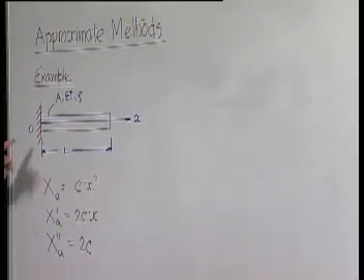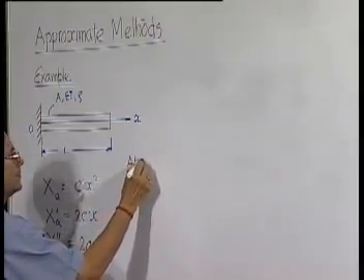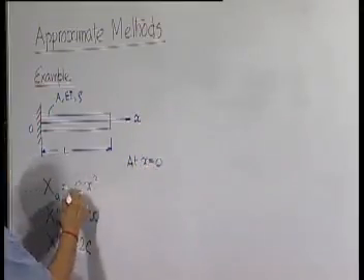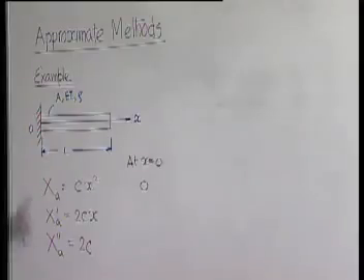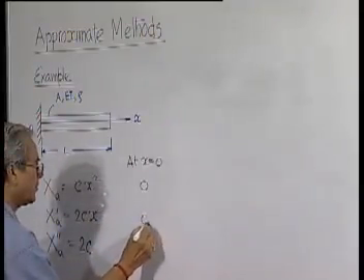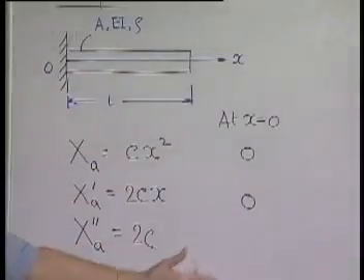At x is equal to 0, the deflection is 0, so it satisfies the condition. The slope is also 0. That is another geometric condition that is also being satisfied.